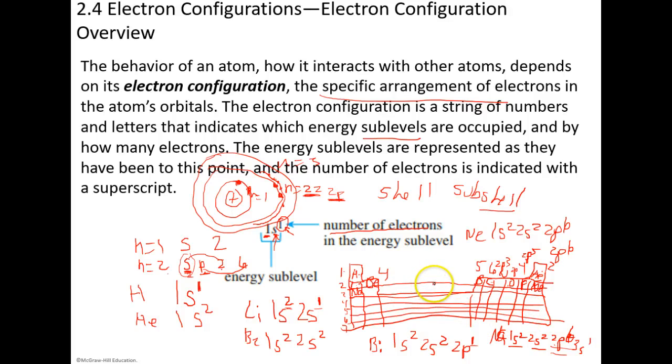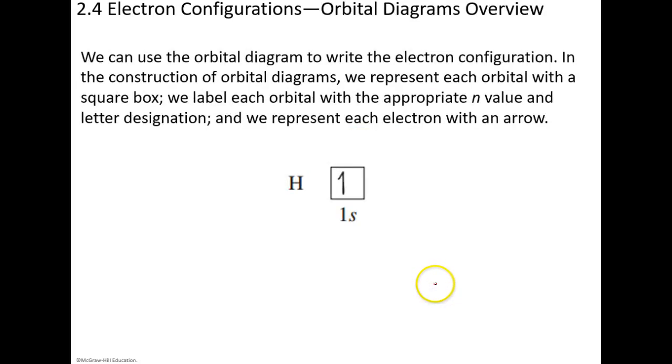Now, I hope this drawing isn't too confusing. Let me actually draw it with a little bit more space here. Let's see. Yeah, actually, we'll just do it right here, to give you a little bit more space.